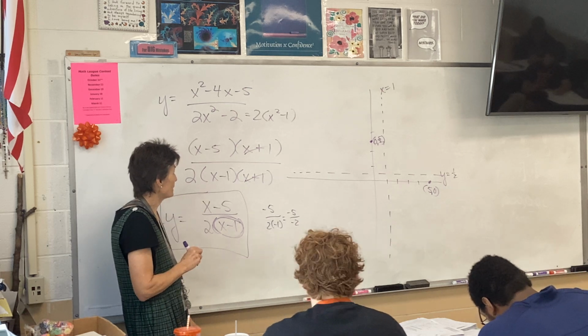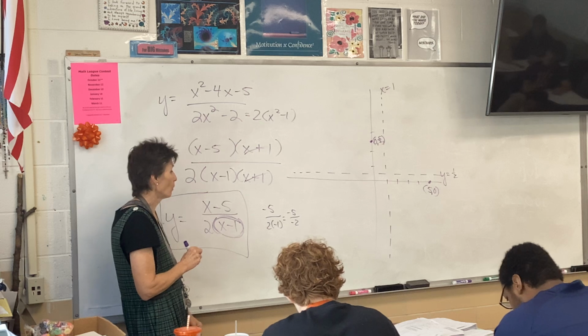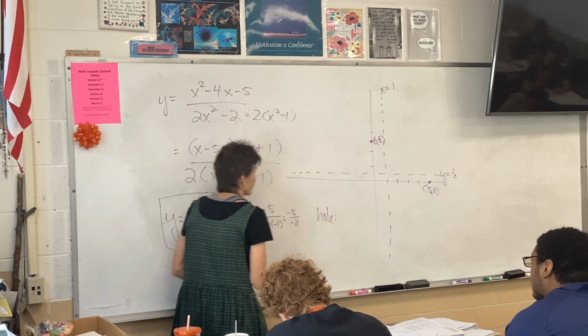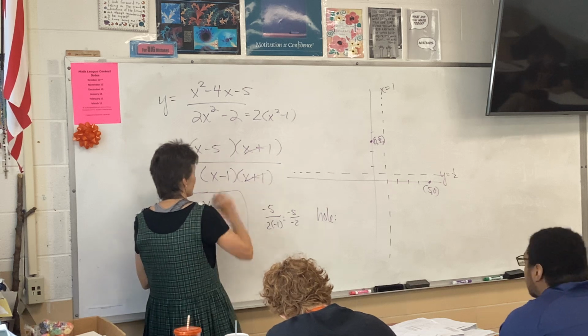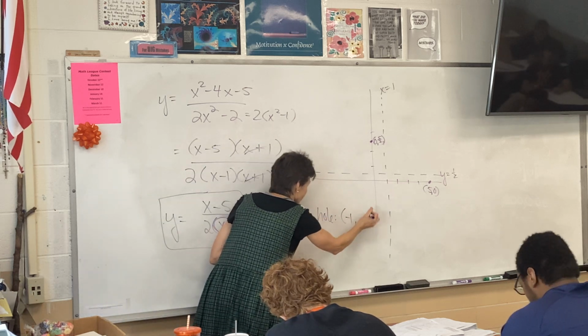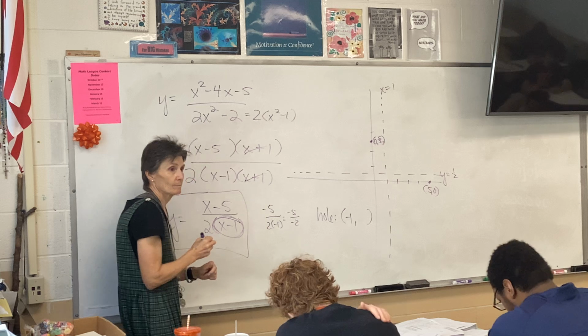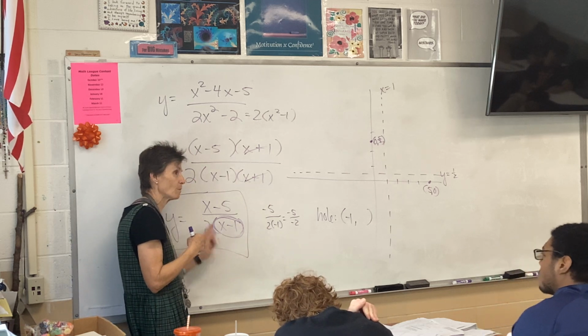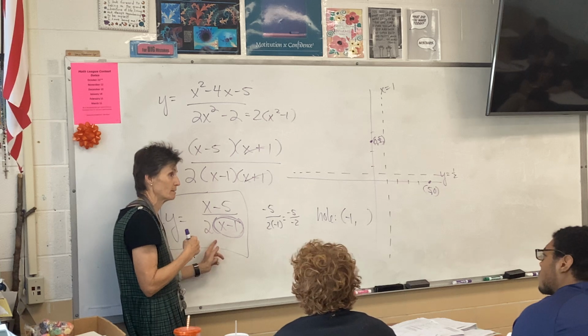What do I still need? My hole. And my hole is going to be where x is negative 1. So now I'm going to do what I just got done doing, only instead of putting in 0, I'm going to put in negative 1.